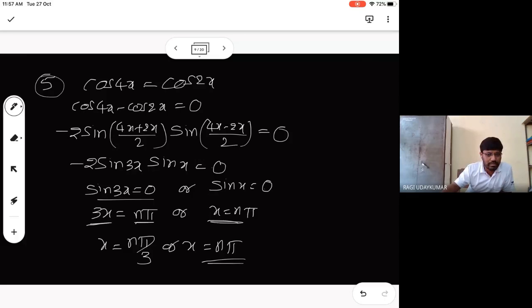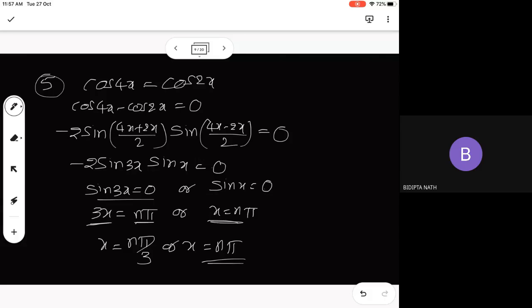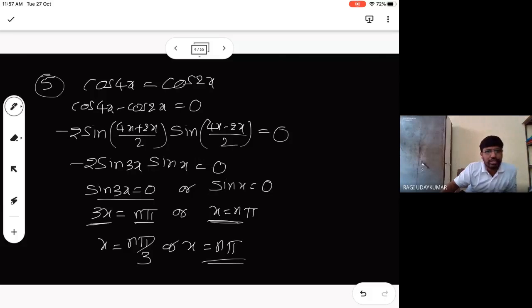समझ में आया? Yes, sir. So remaining problems also, sixth problem, if you take that, the question is given to you: cos 3x plus cos x plus cos 2x. Once you apply cos c plus cos d, then you will get a product form.